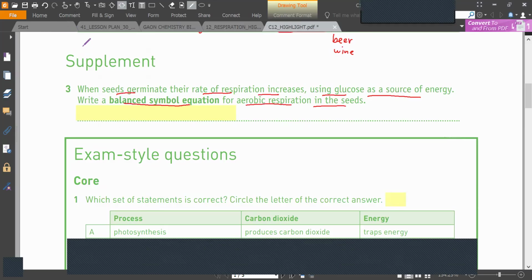For the seeds to grow into young plants, they need lots of energy, so they will use the energy inside the seeds. How they convert the energy is by respiration. Symbol equation: glucose plus oxygen turns to carbon dioxide and water. We just need to make sure the equation is balanced.